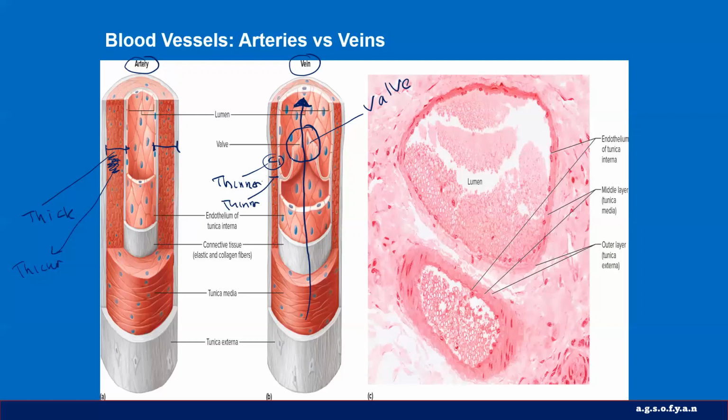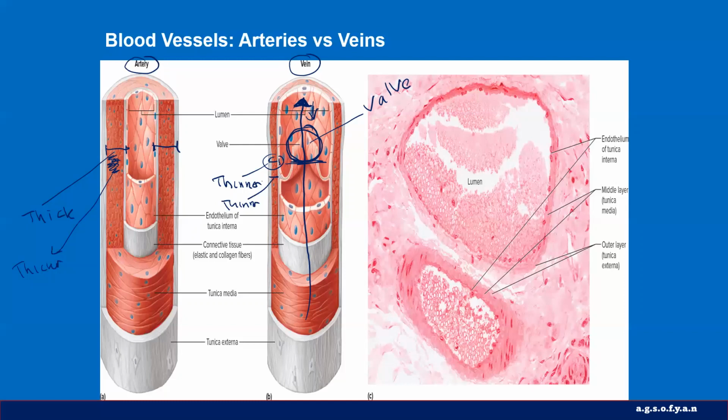So it has a door or valve that will allow the blood to go only one way. When it tries to go down over here, then this valve will be closed. Okay, so those are the two main differences between the artery and vein structure.